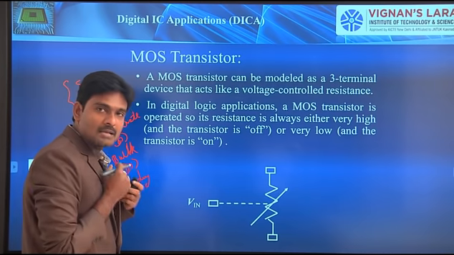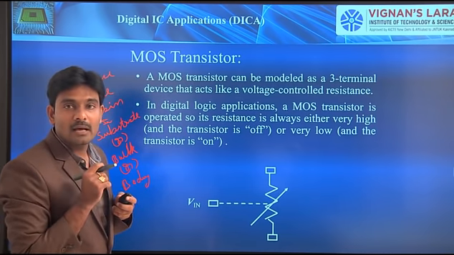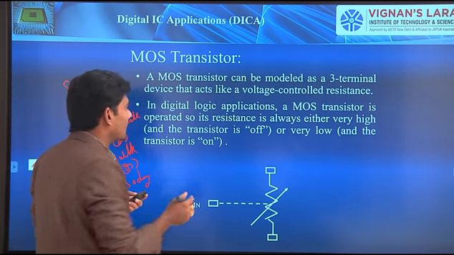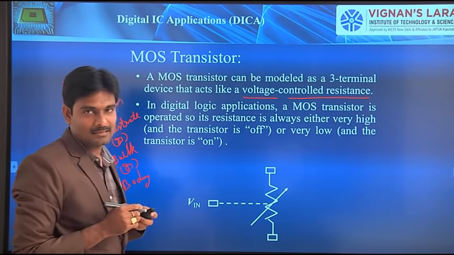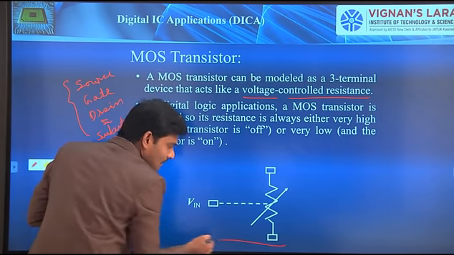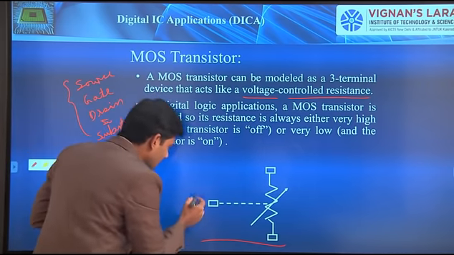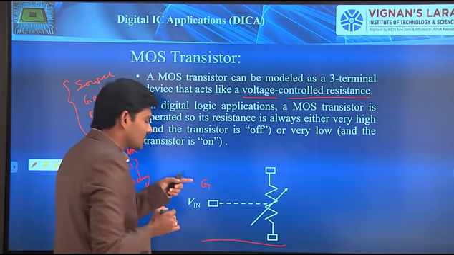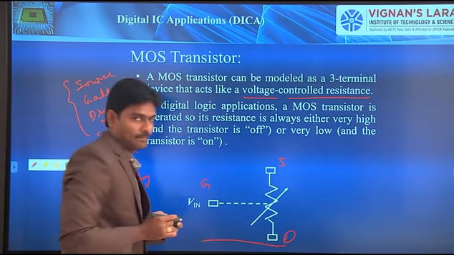Okay, and the MOS transistor will act like a voltage controlled resistance. So the equivalent representation for that MOS transistor is shown here, with those 3 terminals: gate, source, and drain.